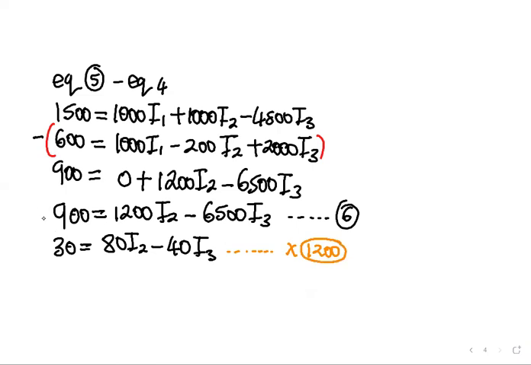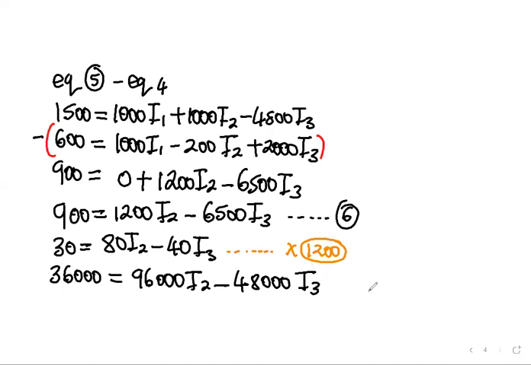So when you multiply by 1200, what do I get? 30 times 1200 is 36,000. So you're going to get 36,000. It's equal to, now 80 I2 multiplied by 1200, that's 96,000 I2, and then minus 40 I3 times 1200 is minus 48,000 I3. That on its own is our equation number 7.